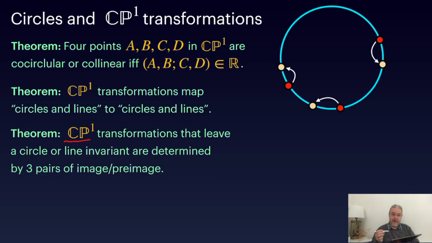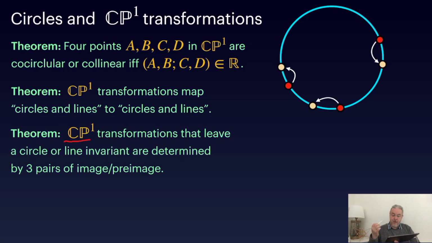There also, the images of 3 points on a conic uniquely determined a transformation that leaves the conic as a whole invariant. Here we get the same concept in the CP1: we have 3 points and 3 images, and if the 3 images are again on the circle, then this will map the circle to the circle.